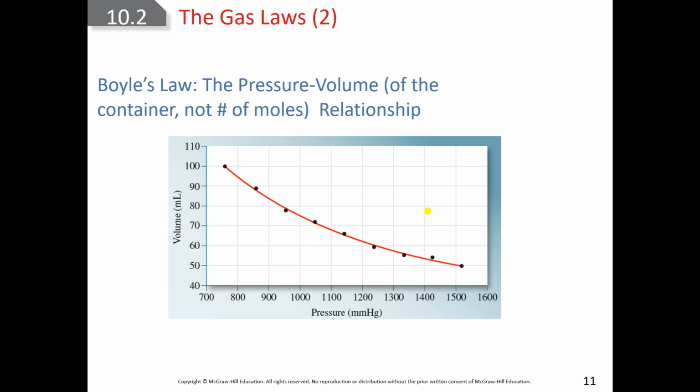Now, as we're talking about the volume here, we're talking about the size of the container, not the number of moles. If you think about the arm of a screen door, that round tube that, as it closes the door, the screen door will close very gently so as not to slam shut.